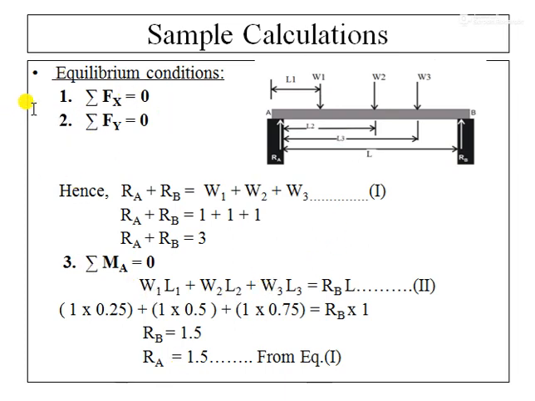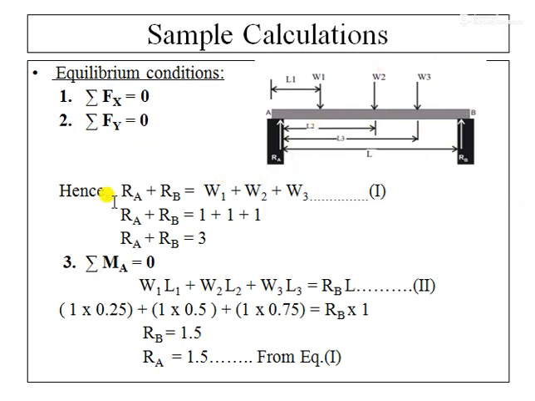Now the first equilibrium condition is summation of Fx is equal to 0. Here there are no horizontal forces acting on the beam, hence this will not be described further. The second is summation of Fy is equal to 0, that is all the forces acting in the vertical direction.